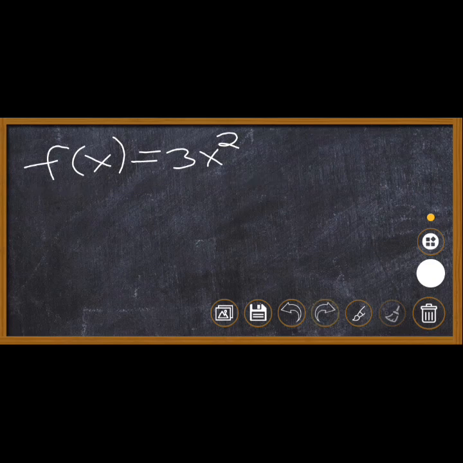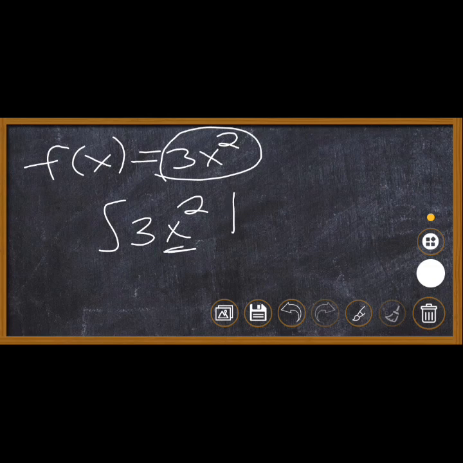So when you have been given a function such as this one, the first step is to express this into an integral form. So you only express the right part of this function. So we are going to have what? The integral of 3x squared with respect to what? So with respect to the variable that is present in the expression, which is x in this case.